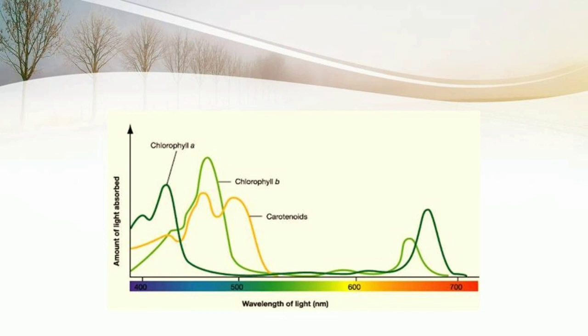That is, chlorophyll A is showing maximum absorption in the regions of blue and red. That means the maximum absorption is done by chlorophyll A. So we can conclude that chlorophyll A is the chief pigment associated with photosynthesis.